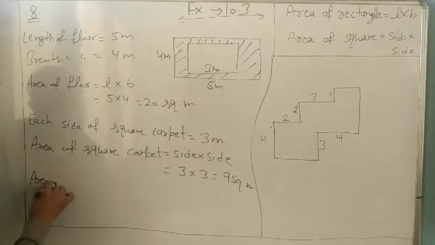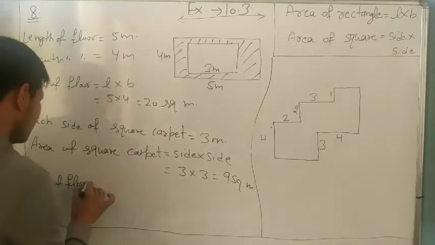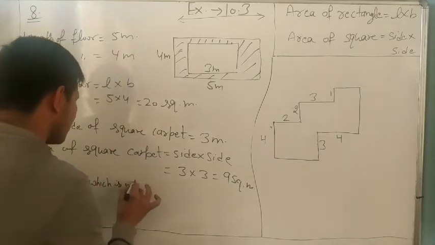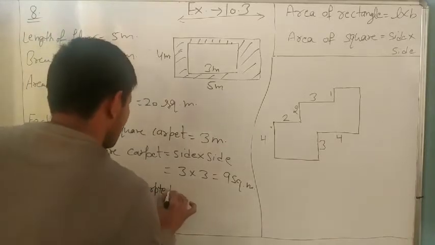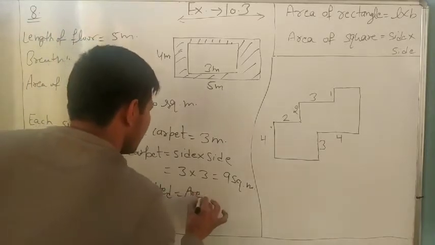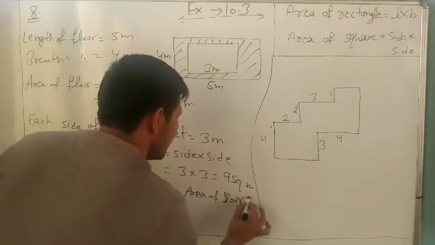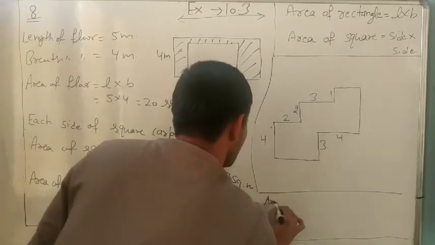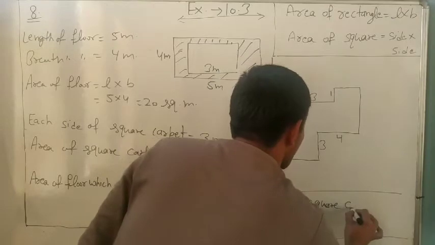Area of floor which is not carpeted: how will you find it? Area of floor minus area of square carpet.